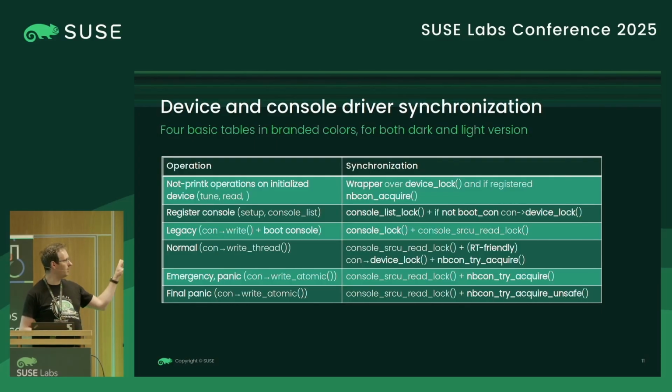And it's synchronized both by the device lock and the nbcon, the new special console lock. And the device lock provides the RT-friendly locking. For example, it's the console lock, which is normally a spinlock, but in RT it's converted to a mutex, so it could sleep.